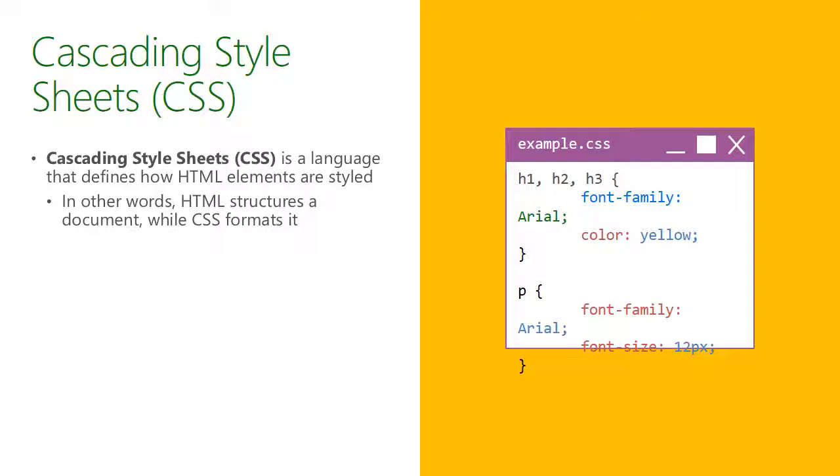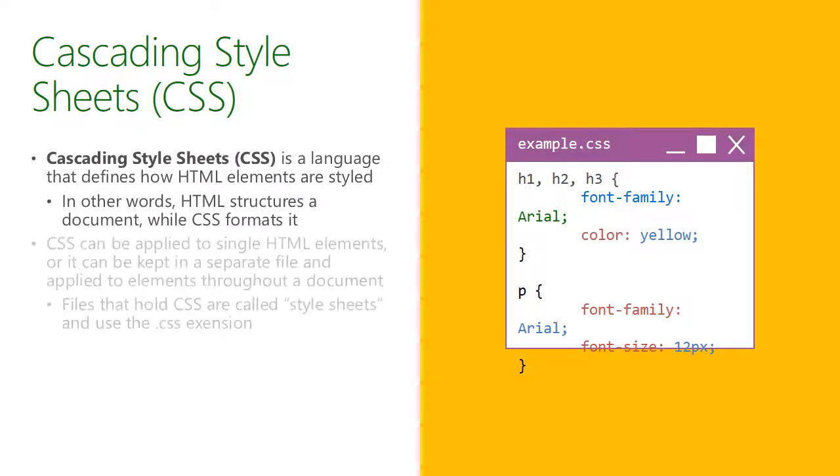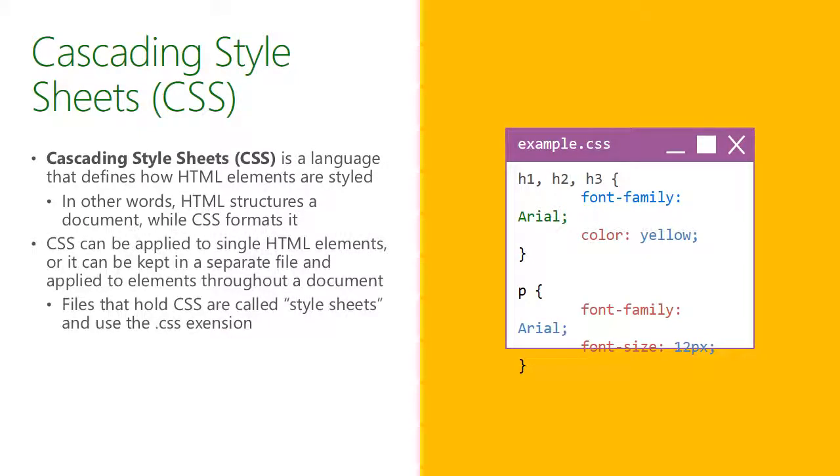Okay, so cascading style sheets is a language that defines how HTML elements are styled. So HTML structures a document while CSS formats it. CSS can be applied to single HTML elements, or it can be kept in a separate file and applied to elements throughout a document.